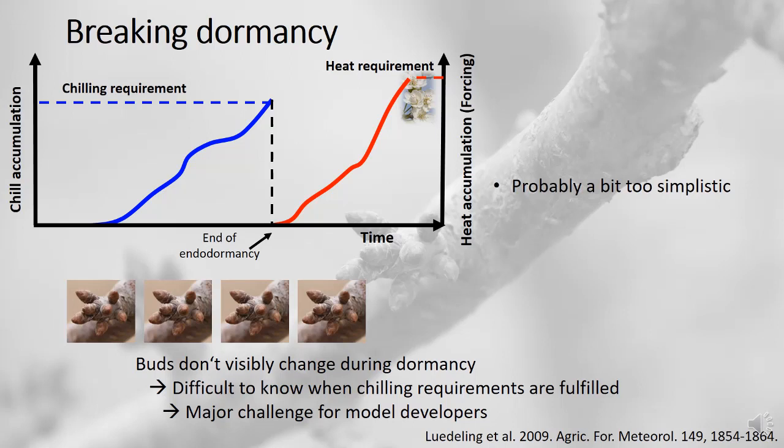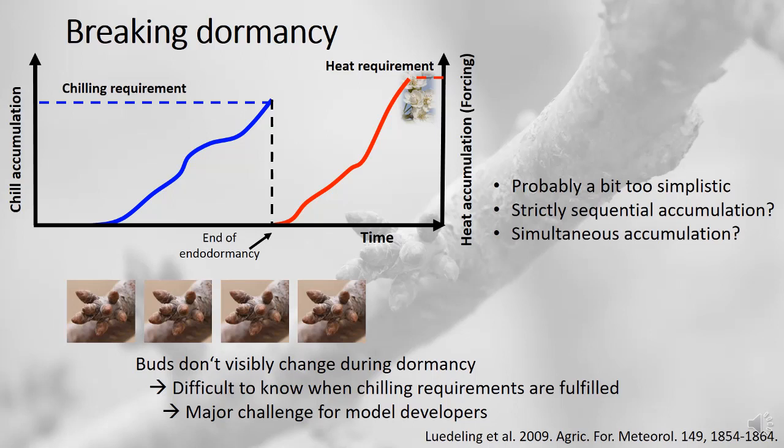The problem here is that even though we're pretty sure that in general this pattern is true, it is probably a bit too simplistic. It seems that this strictly sequential accumulation, so first the chilling and then the heat, is a little bit oversimplified. It's probably not that easy. And there are also theories of simultaneous accumulation, that chill and heat basically accumulate at the same time, or that there is an overlap in the accumulation times.